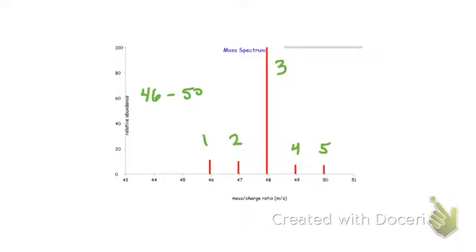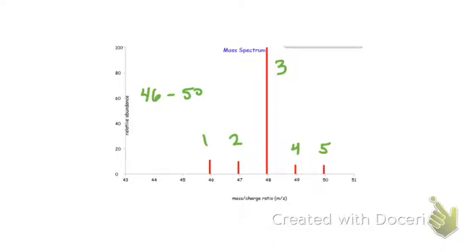I don't have any isotopes that support that element being represented here on the mass spec graph. It cannot be vanadium because the mass is too heavy. I don't have any isotopes greater than 50, but vanadium's average atomic mass is 50.9. So the only choice is titanium here, okay?